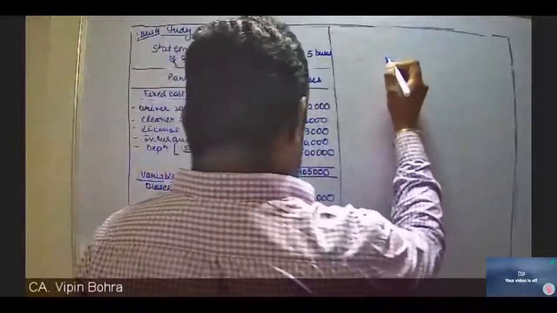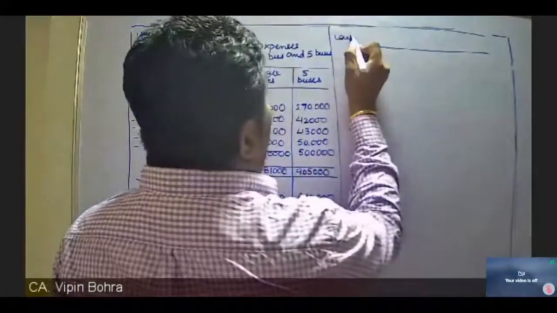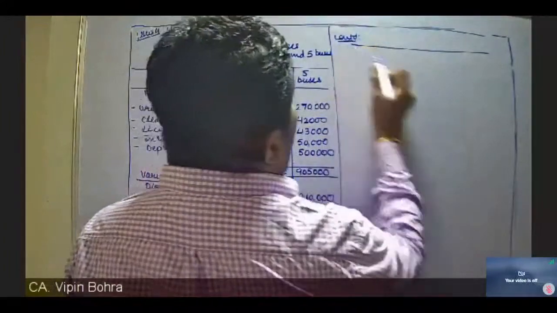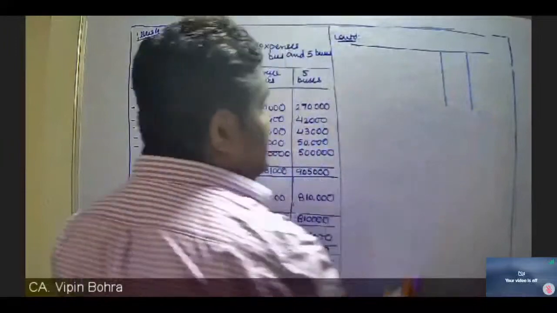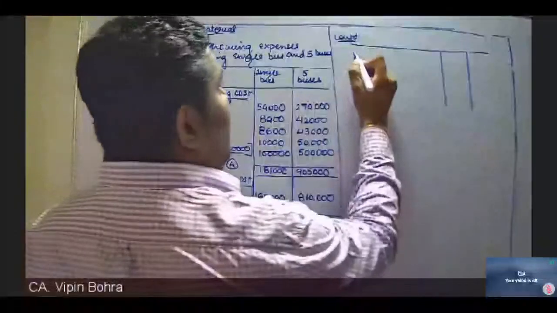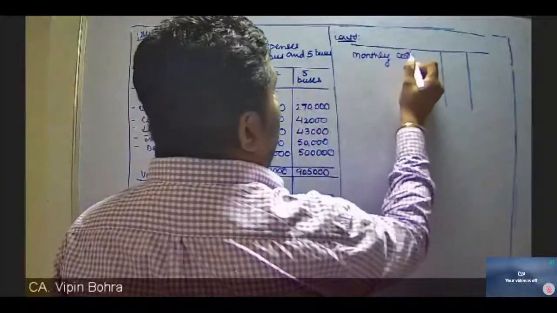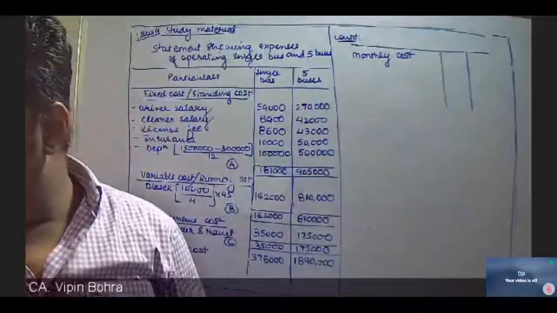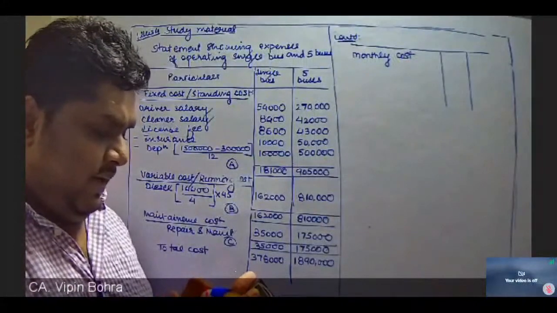For a single bus and 5 buses, the monthly cost will be how much? 3,78,000 is the yearly cost for every bus divided by 12.